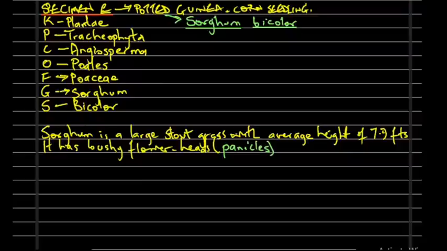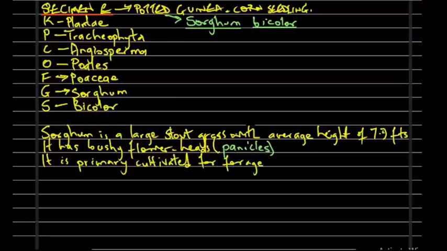Now it is primarily cultivated for forage, used in syrup production, as well as ethanol.